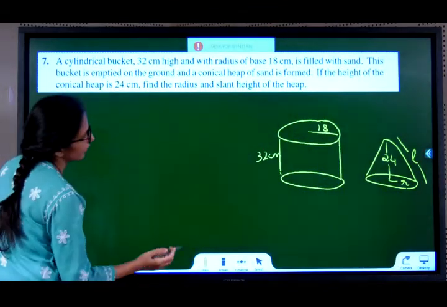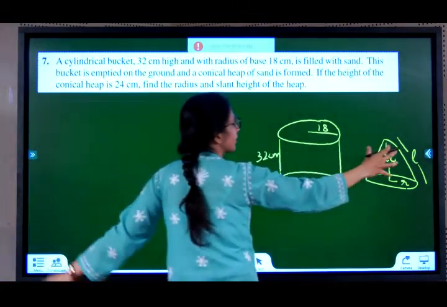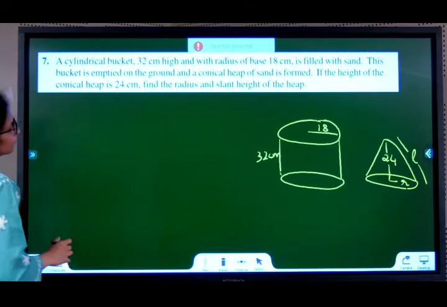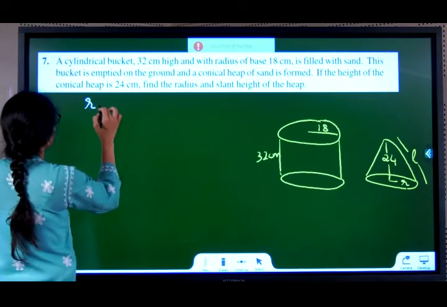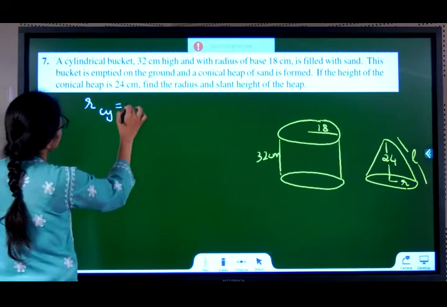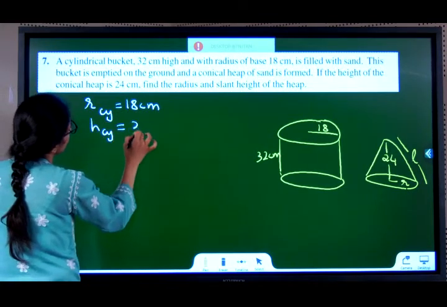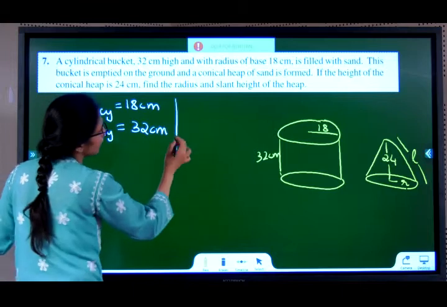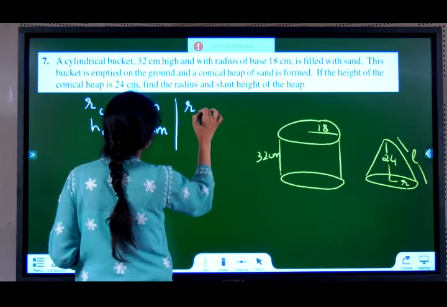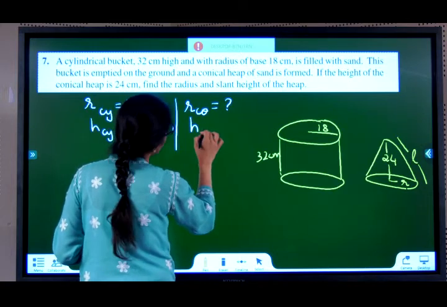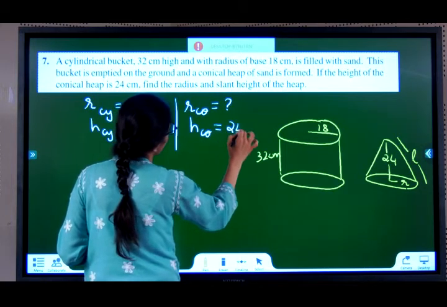Easy question. Volume of bucket should be equal to volume of heap. That is nothing but volume of cylinder should be equal to volume of cone. So, radius of the cylinder 18 centimeters, height of cylinder 32 centimeters, radius of cone we don't know, height of cone 24 centimeters.